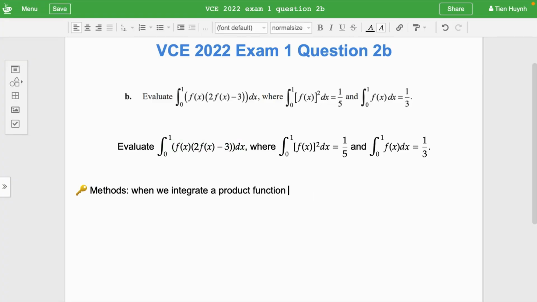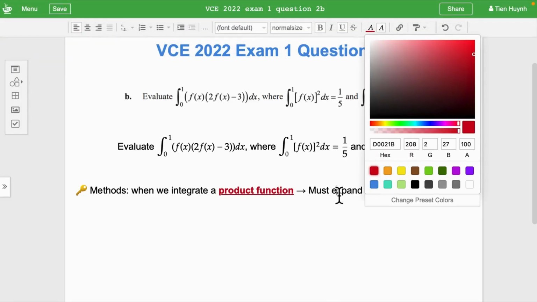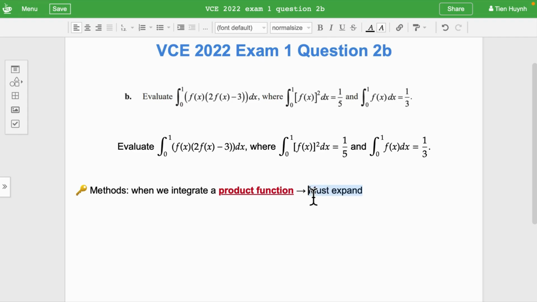So in Methods, when you see a product function, the key to this question is that we must expand it, because unlike differentiation where you have the product rule and the quotient rule, in integration we are restricted, we do not have a lot of rules. So when you see a product function, the key point is that we must expand it in order to solve the integration.